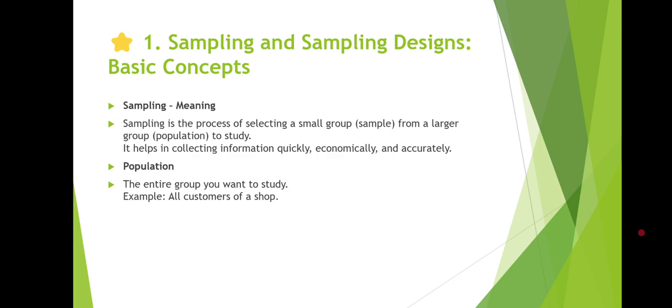For example, if we want to know the favorite snack of all 2000 college students, we don't ask all 2000. We ask maybe 100 students. So 100 students are called the sample here and all 2000 students are the population.